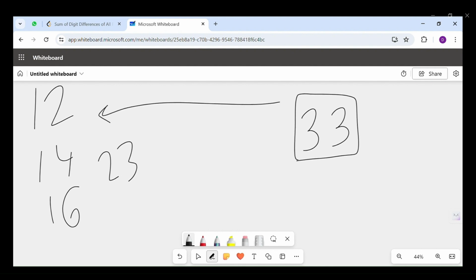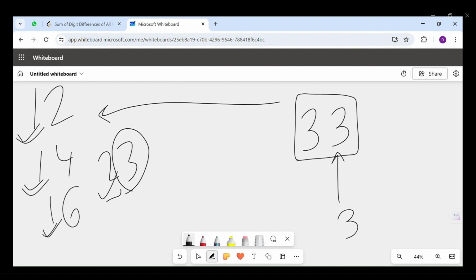So first we will start step by step. We will calculate the digit difference for the ones place. Now 23 has same digit, so it won't be counted. 12, 14 and 16. Each of them have a digit difference, so it will count 1 in the answer. So 1, 2, 3 numbers. That's why the ones digit difference is 3.